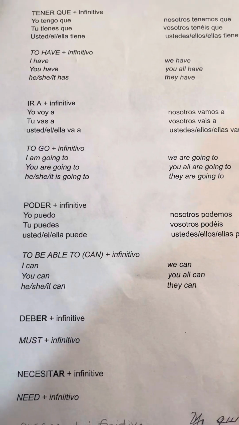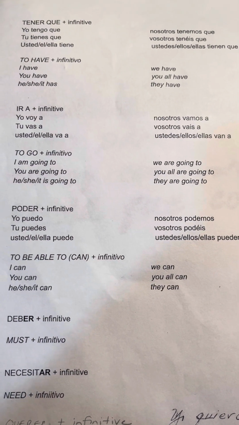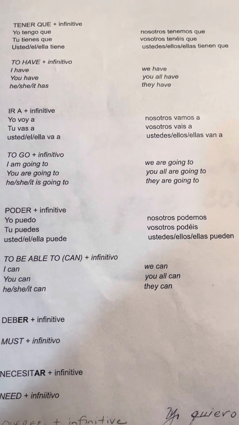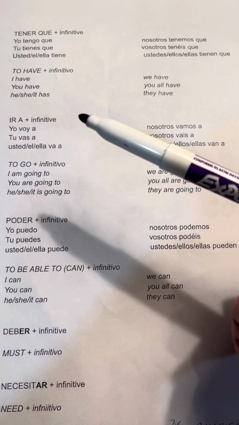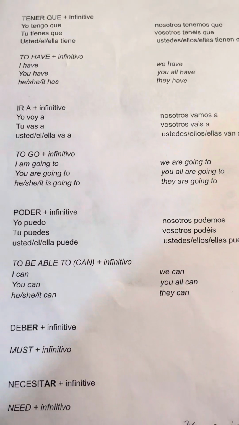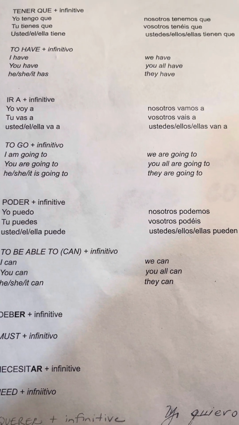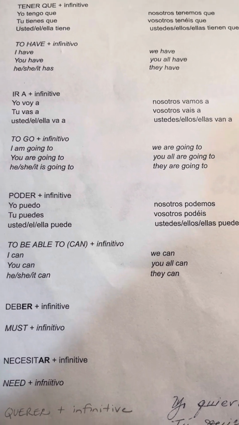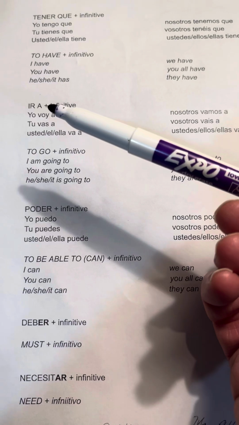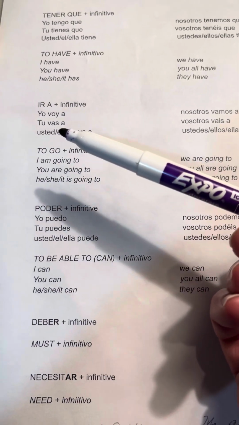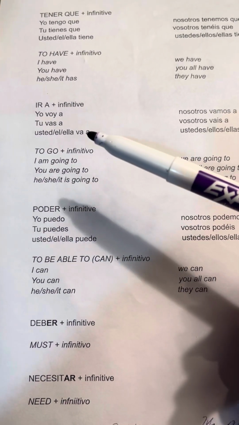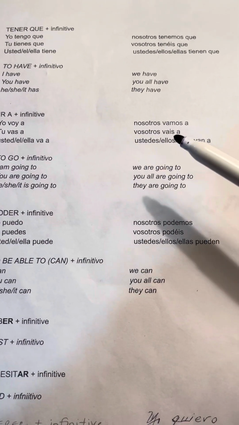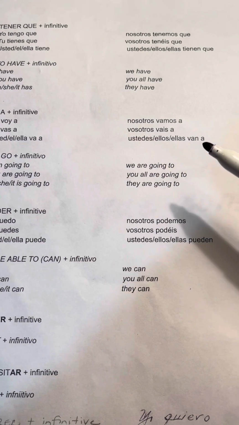Ir. Ir plus the word a, which means to or at, plus your infinitive. Ir is an IR verb, and again, it's very irregular. You will see that there is nothing reflective of ir in yo voy, tú vas, usted, él, ella va, nosotros vamos, vosotros vais, ustedes, ellos, ellas van.